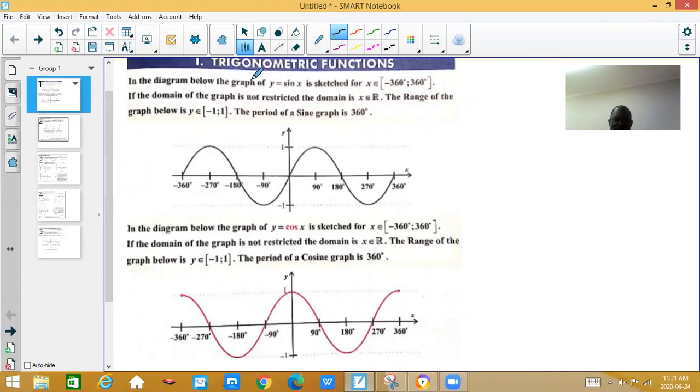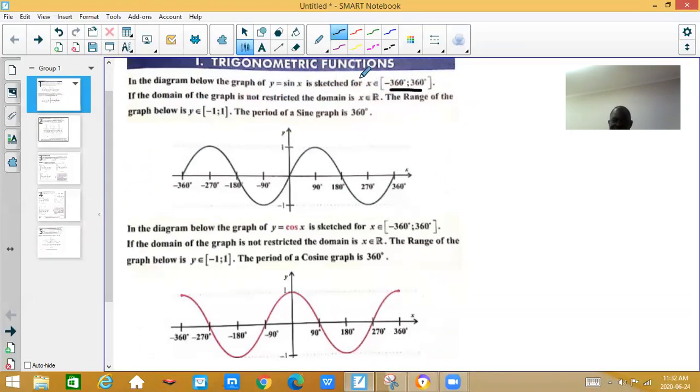In the diagram below, the graph of y is equal to sine x is sketched, where x takes the values from minus 360 to 360. If the domain of the graph is not restricted, the domain is all real numbers.